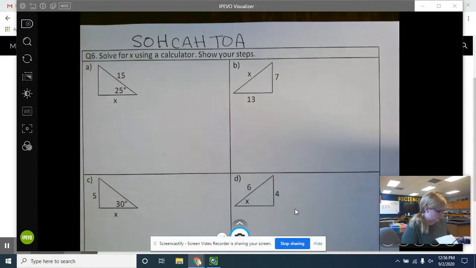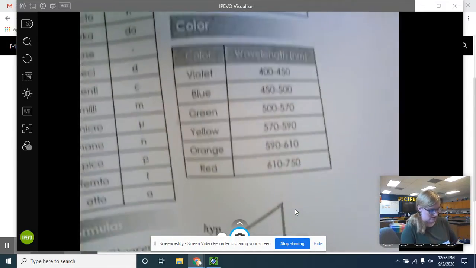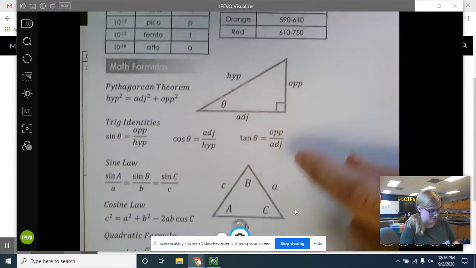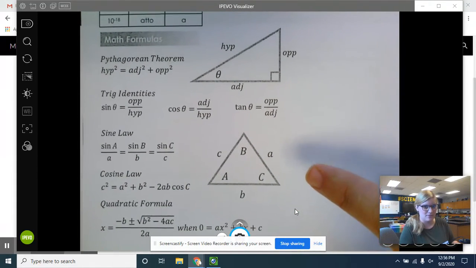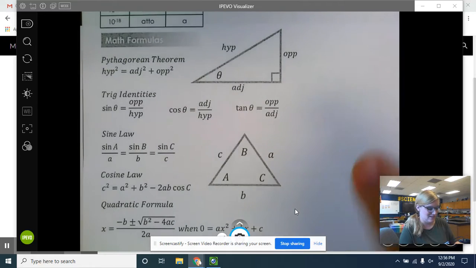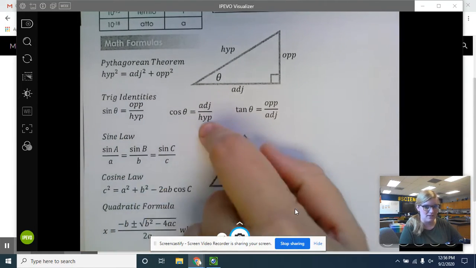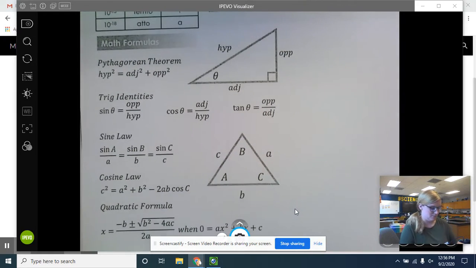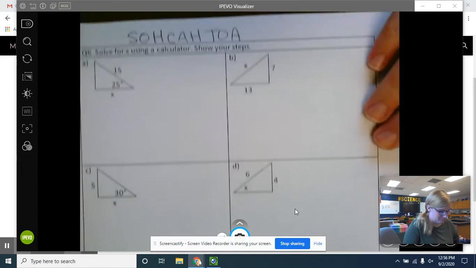But there is also an entire set of math formulas that gives you some of the trig that we're going to be doing. Down here, though, it does not specifically say SOHCAHTOA unless you are reading these guys. So we still have to know how to use them, and we'll go through that in detail as we hit those practice problems in class.